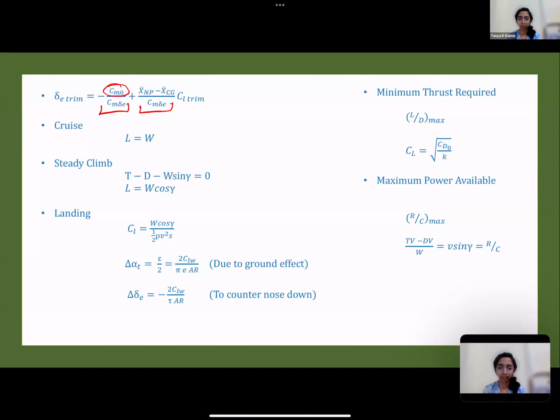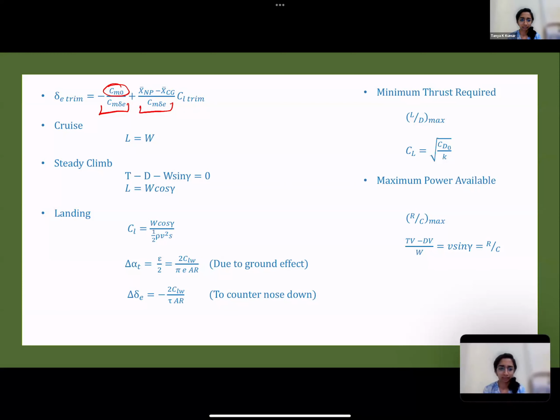I don't think there is a point in proceeding if CM naught is not clear, because we had discussed this in the very first lecture, and it's one of the first variables that we looked into. What is CM naught? Please Google and let me know. Just put it up on the chat box. Anything that you find out about CM naught, whether you agree or don't agree, any justification, or if you want me to explain it again, which I don't think is necessary.